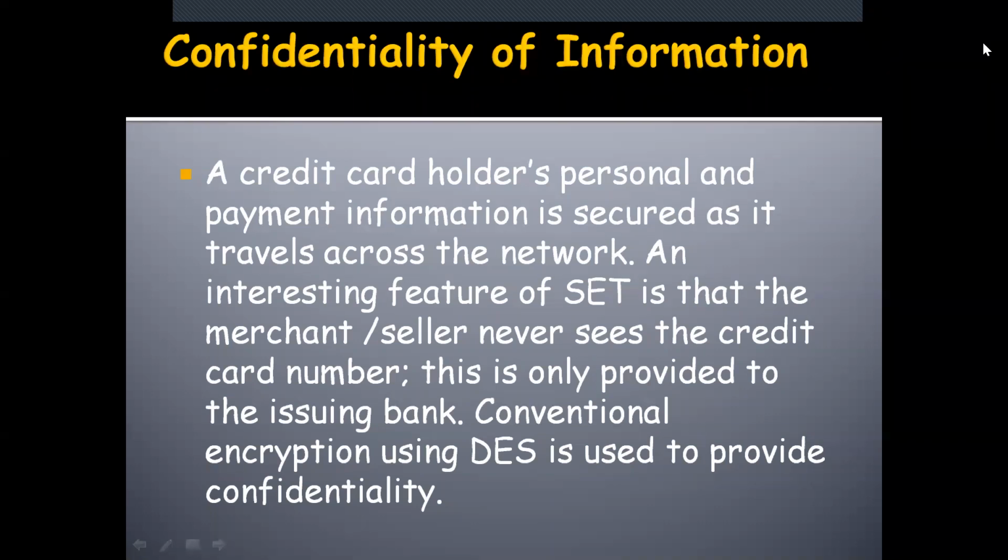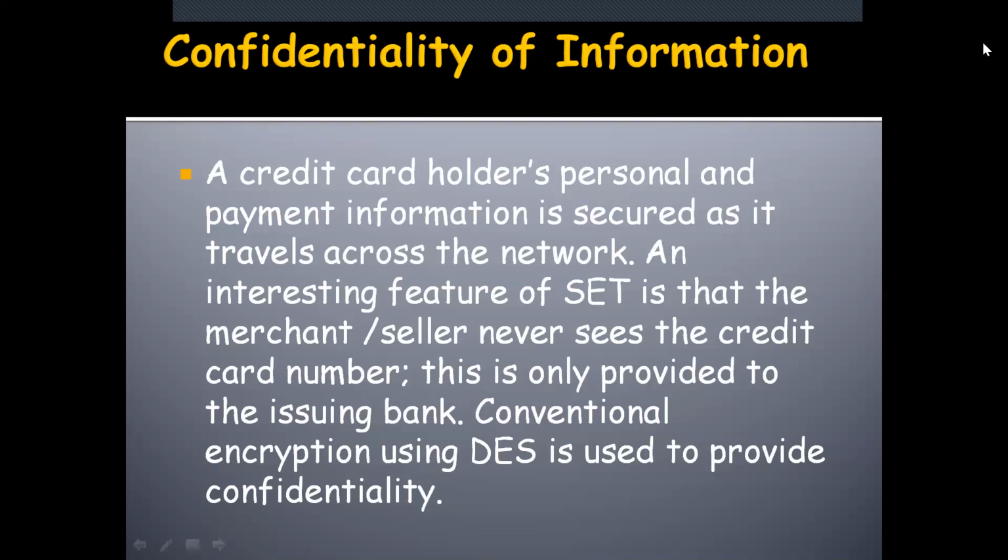When we are purchasing with a credit card or any other card, we have to give some information: the expiry date of the card, the name on the card, the number of the card. On the back side of the card there is a three-digit number, which we give online to the merchant, along with the name. This is the payment information we give.